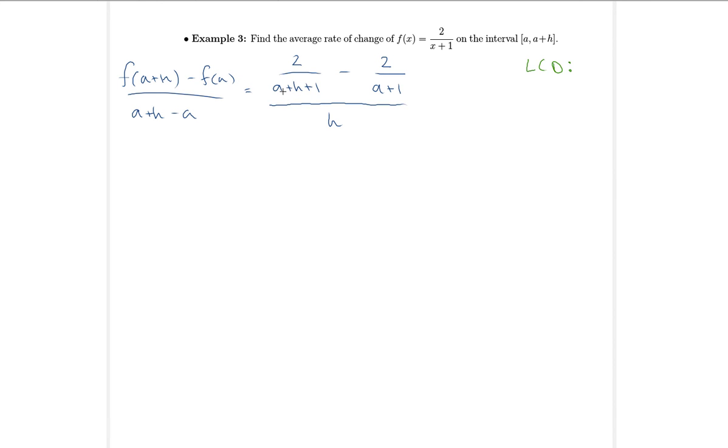Let's plug in some fake numbers here. Let's suppose that a is equal to 2 and h is equal to 1. So bear with me here. If a was 2 and h was 1, that would be 2 over 4, right? That would be that first fraction. And then remember, a was 2, that would be 2/3, right?